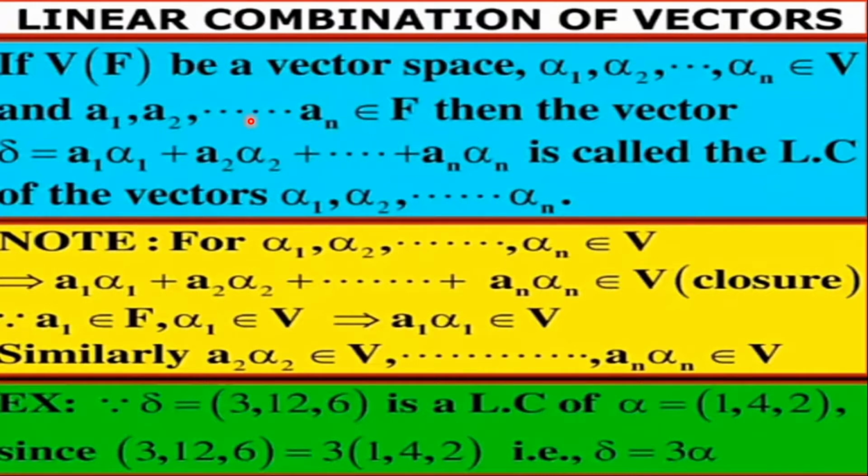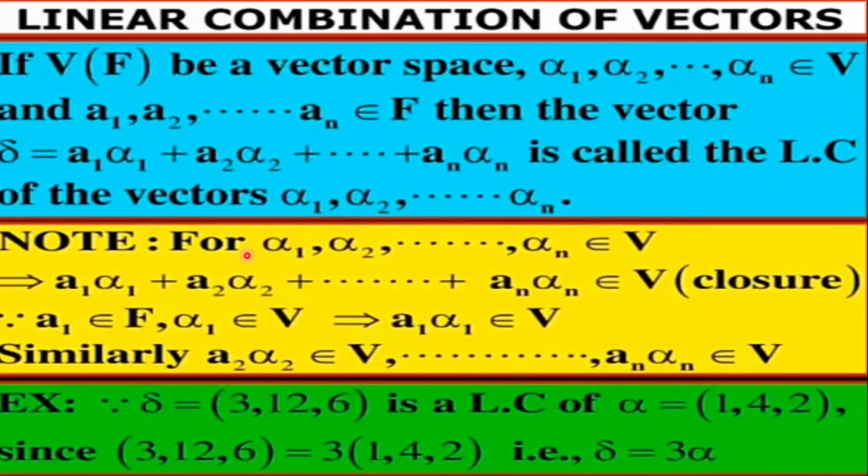In this definition, V(F) is a vector space. Alpha 1, alpha 2 and so on alpha n are elements of V. So, delta equal to a1 alpha 1 plus a2 alpha 2 and so on an alpha n is called a linear combination of the vectors.